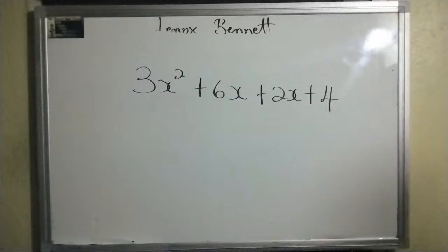Go ahead and do that one, guys, and then we'll look at some more, alright? Factorize that, guys. Type in the answer and then we can see what we're doing.